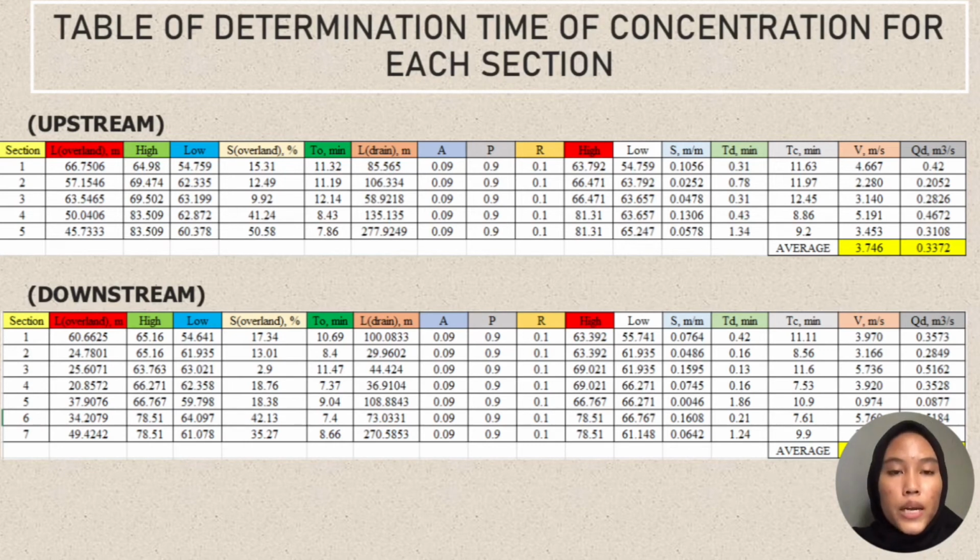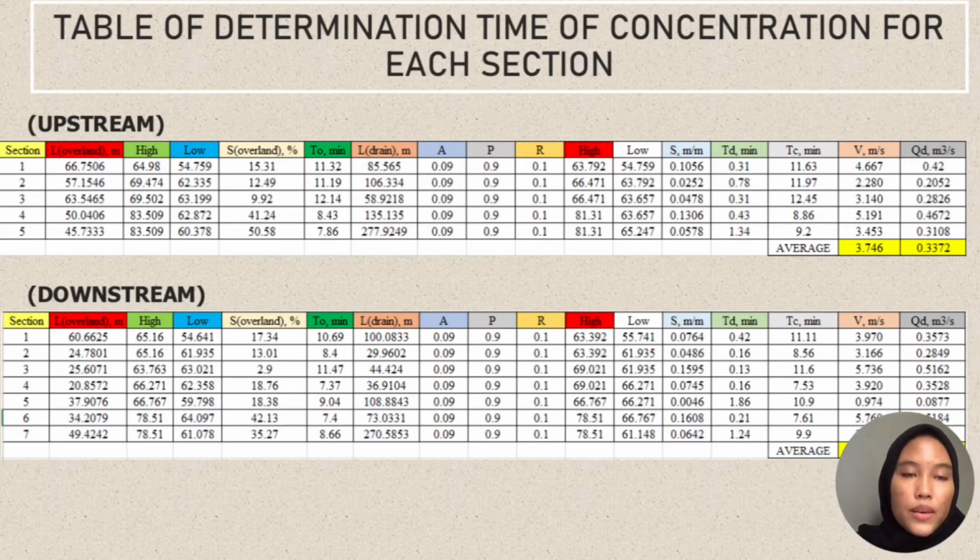The value of Manning roughness can be referred to MSMA table 2.3, and we decided to go with 0.015. It is concrete with a smooth finishing. So for example, subcatchment 1, upstream, the travel time of the subcatchment we get is 0.31 minute.